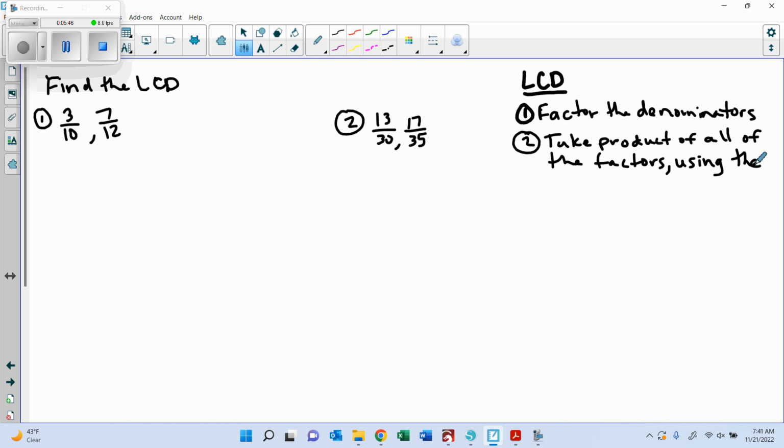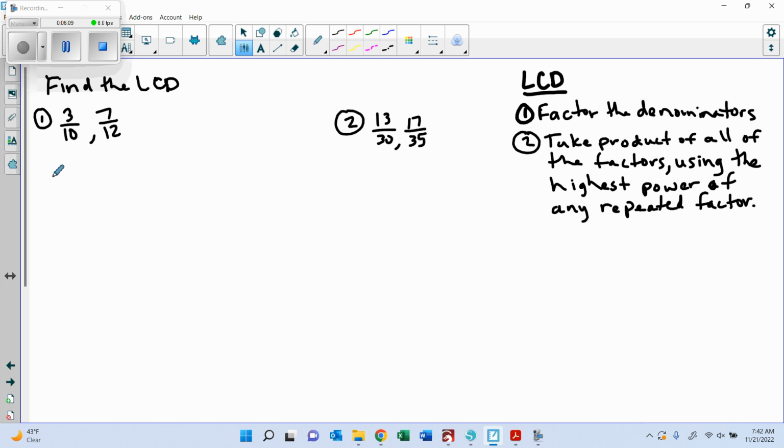So if they do, we use the highest power of any repeated factor. So we'll see that in these examples. Okay, and that's going to be your least common denominator.